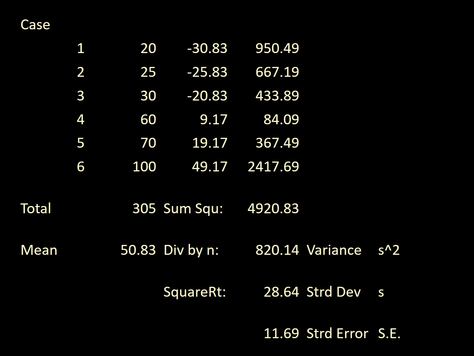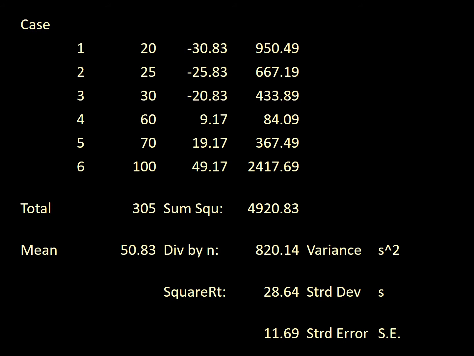Now in the second step, we subtract the mean from each of the cases. So we have case 1, we have a value of 20, we subtract from it the mean of 50.83, which leaves us minus 30.83.